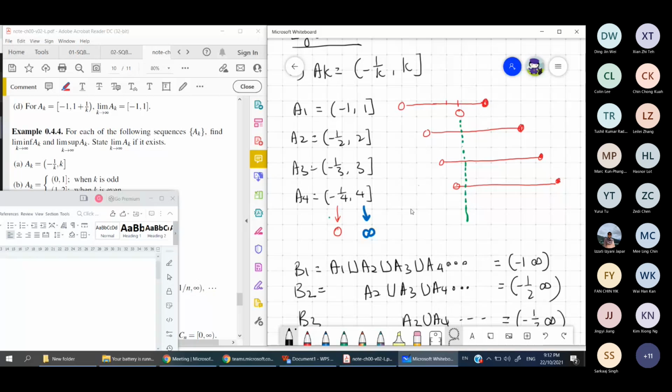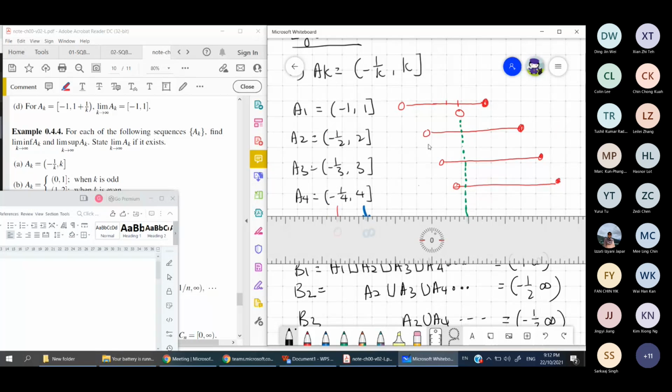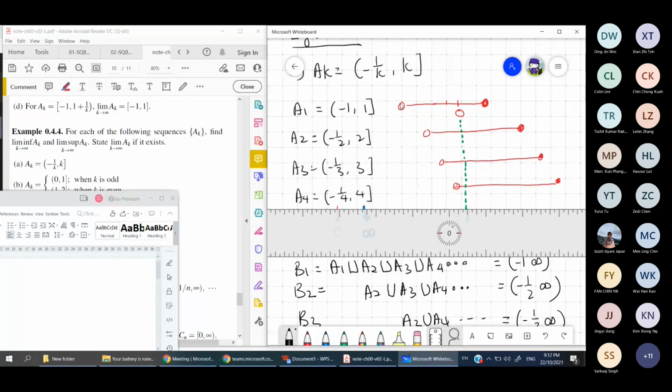So C1, we are taking the intersection of all these sets. If you are taking an intersection, so if you intersect, this bit is gone, so you're up to here and up to here. If you're taking an intersection, that will be 0 up to 1. That will be our C1.